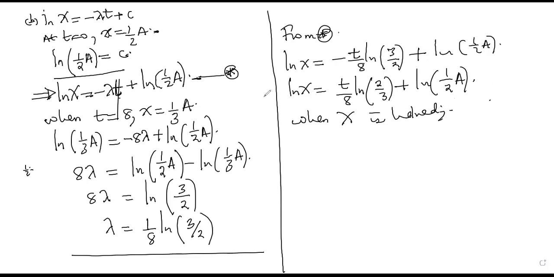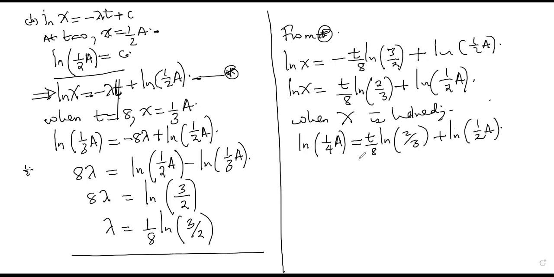So when x is halved, remember x is a half a originally. So when you have it, it will be ln a quarter a is equal to t over 8 ln 2 out of 3 plus ln a half a.